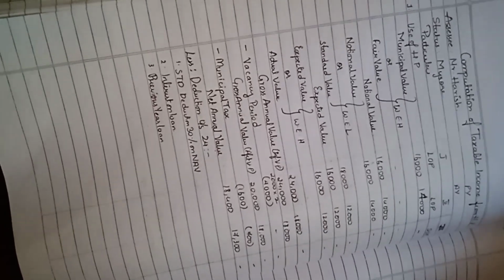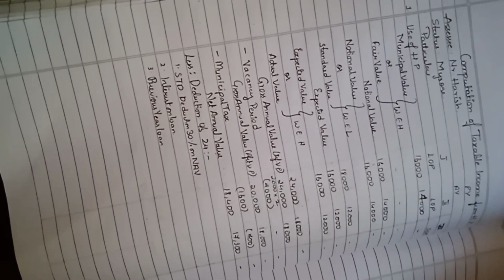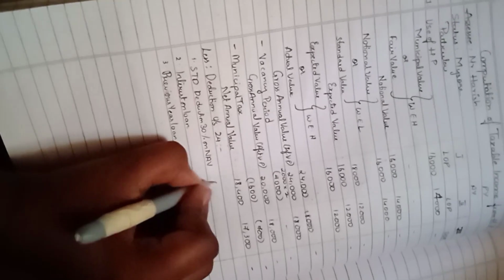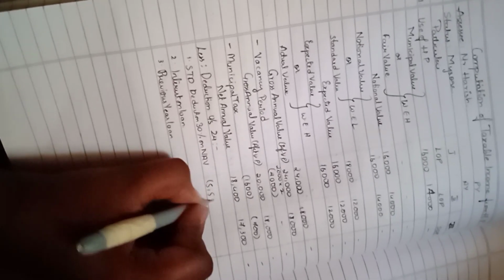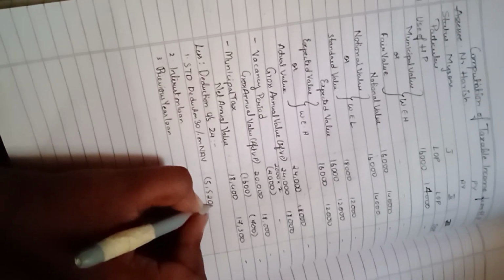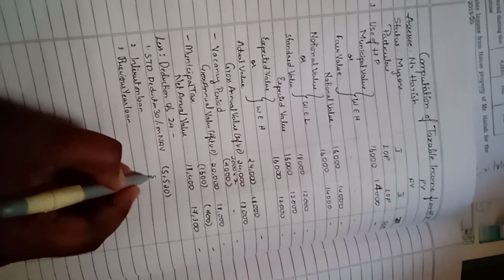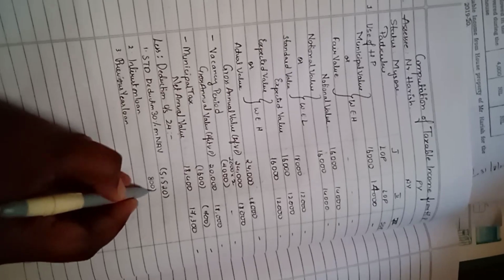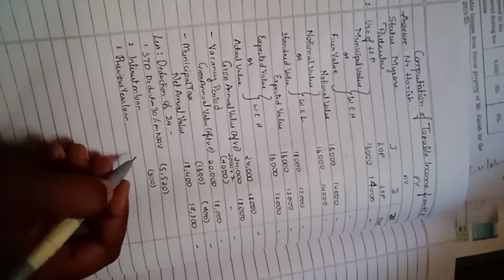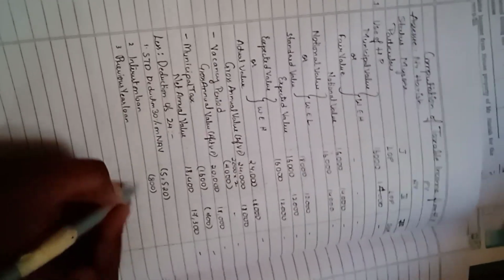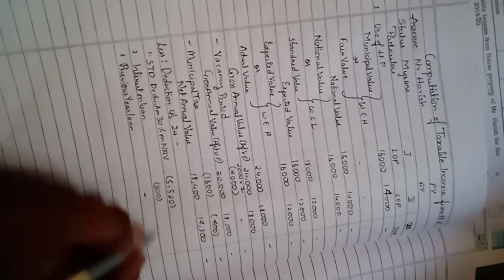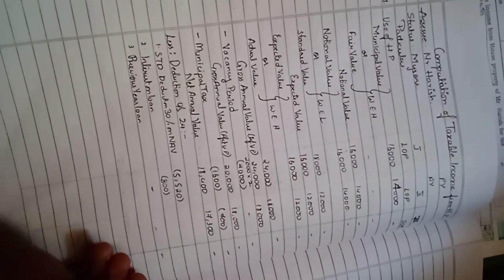In 18,400, 30% is 5,520. Interest on loan was given as 800. Then previous year loan they have given none. For 3 months also they have not given.